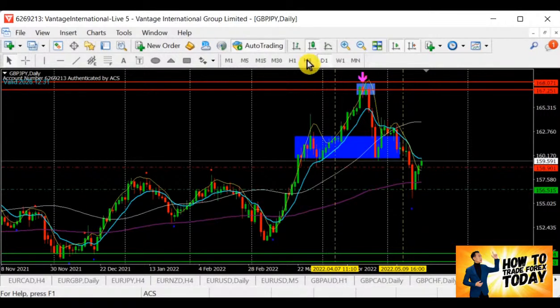Okay, but it is still in the bear trend. Since it is still in the bear trend, and for the past 2 days it has been buying, that means to say it's a retracement. Let's see if we are coming to the end of the retracement.